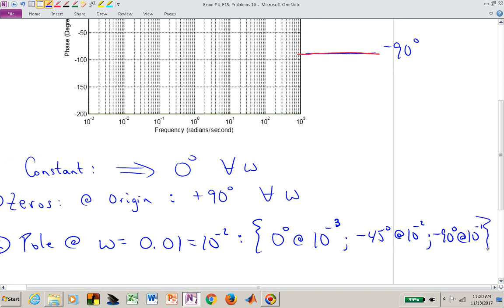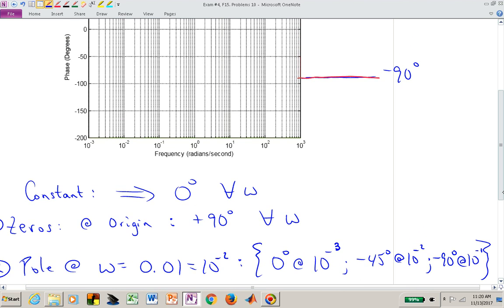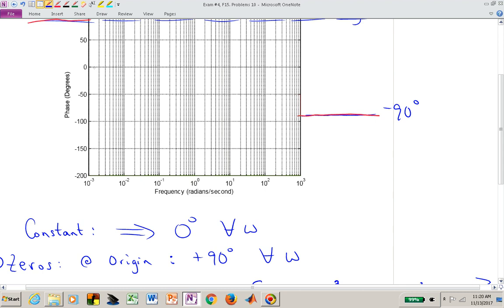Let's now sketch this. We're starting at 0 degrees, and then we go down to minus 90. We're at minus 45 here at the break, and then we're at minus 90 right there. There is number 2.